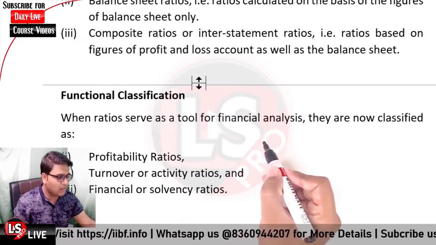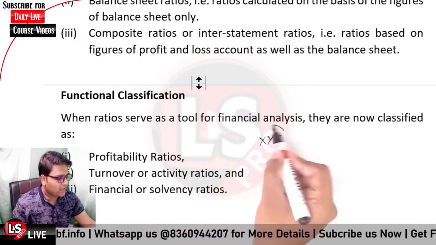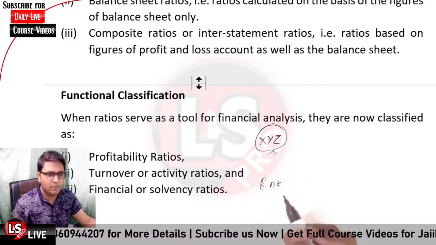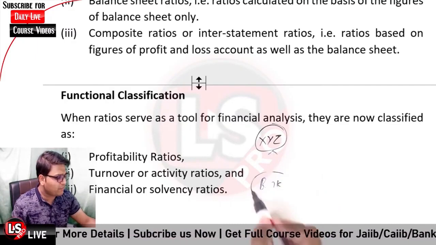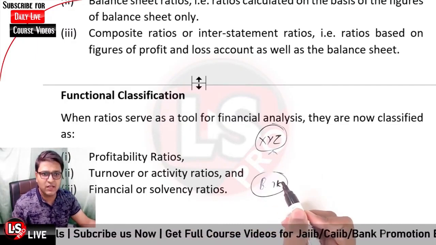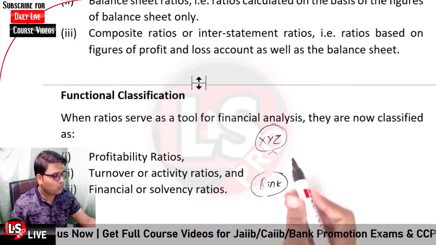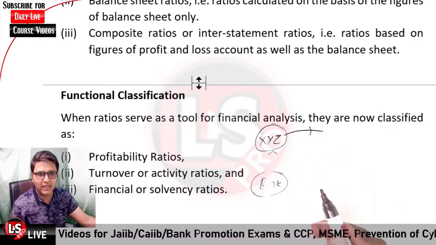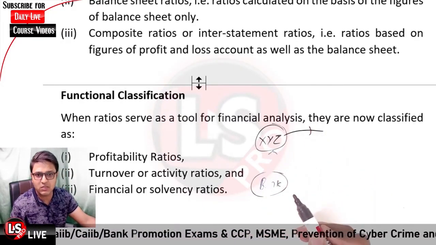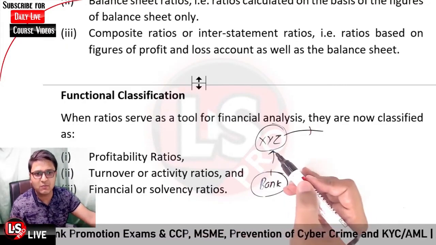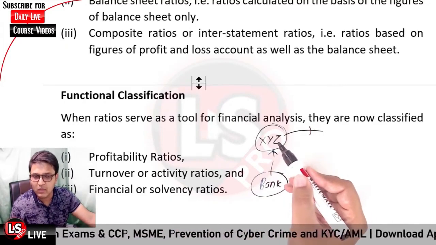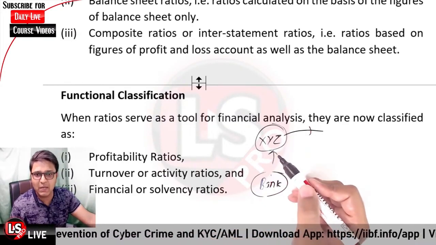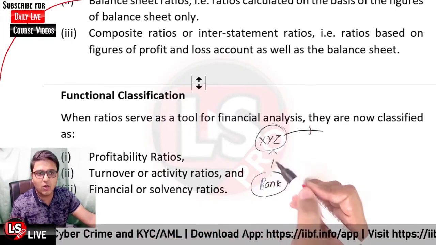If there is a company XYZ and a bank is going to extend credit to company XYZ, the bank would be considering whether XYZ would be solvent in future or not. That is very important from the bank's aspect, because the bank is going to invest in this company, and the bank wants to know whether the XYZ firm would be able to pay off its installments in future time.